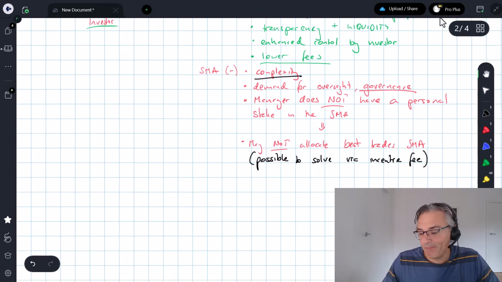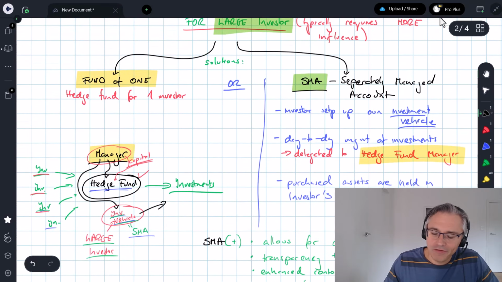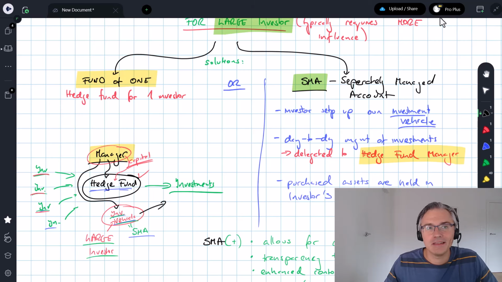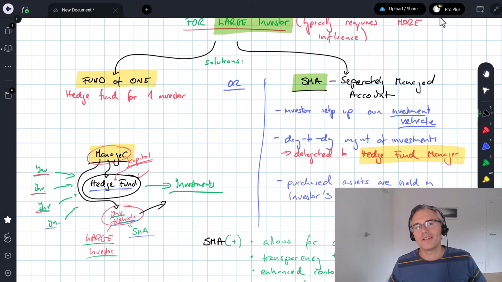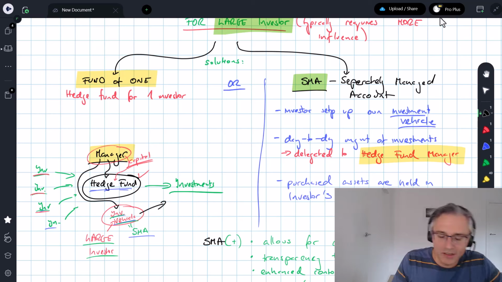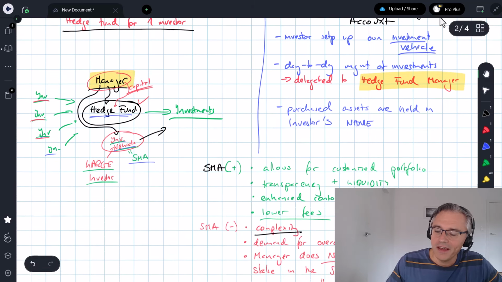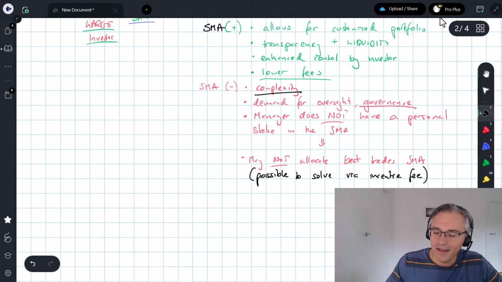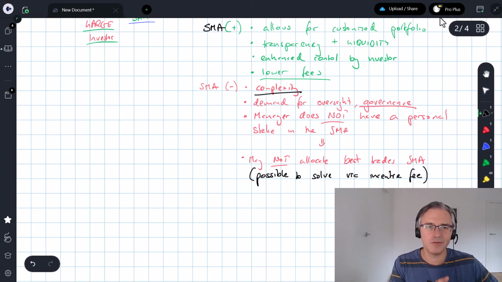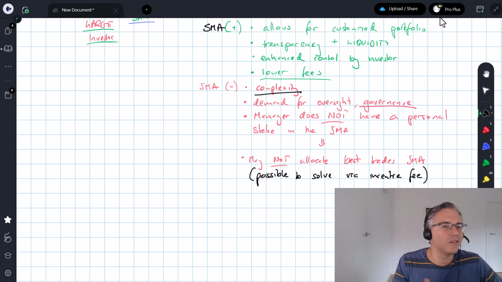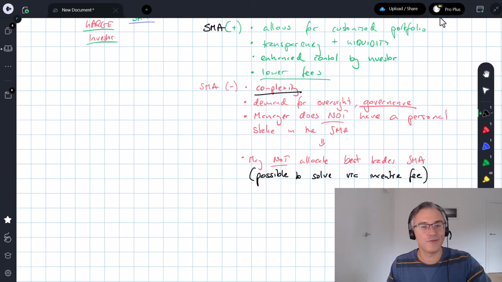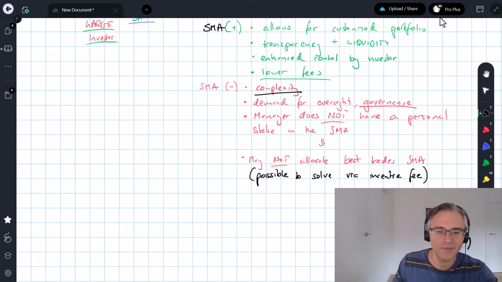So if you want to have really complete assurance that somebody's acting in your best interest, probably the way to go is to create a hedge fund for one and have a manager who just gets an incentive fee for what they do. An SMA is a sort of solution that sometimes works, but a lot of the time it also creates additional problems like the ones I've just mentioned.